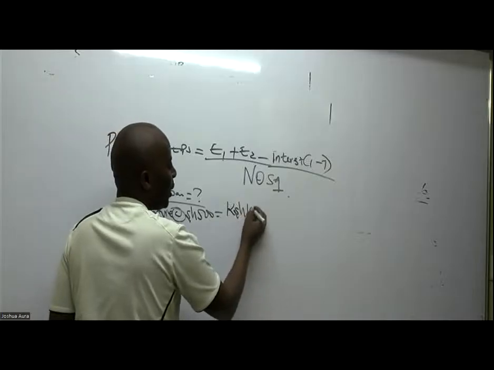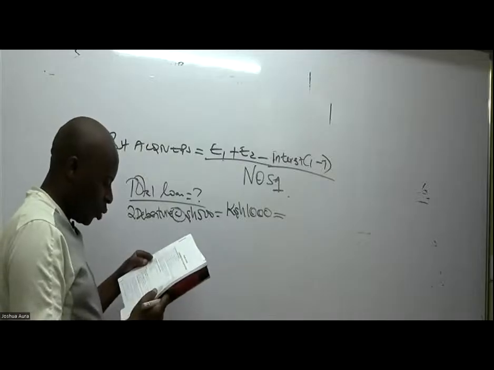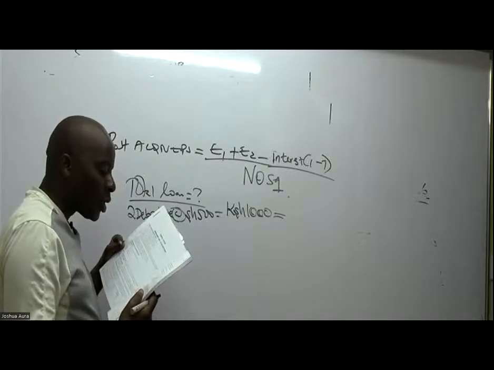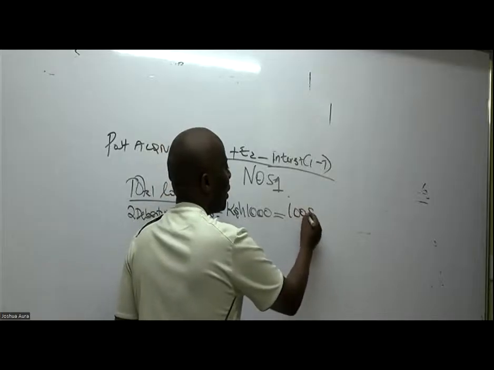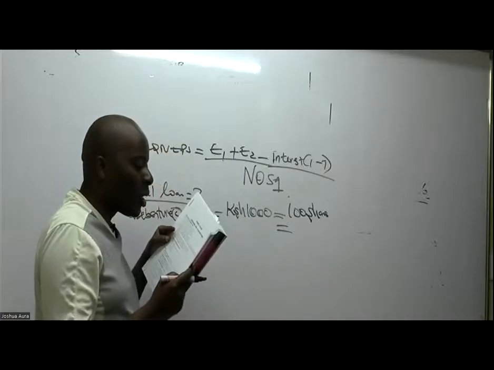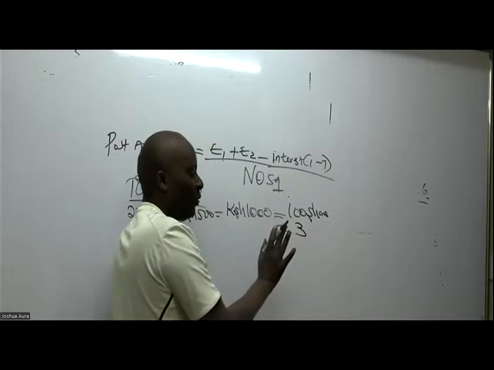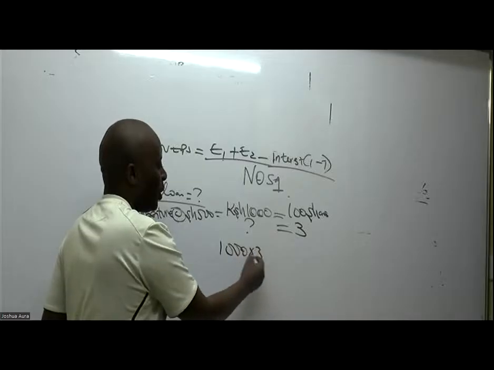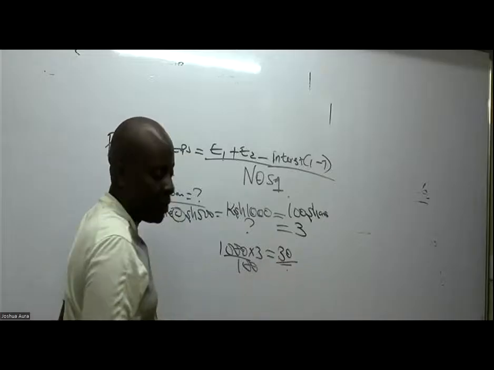For every Kenya shillings 1,000 we give them, company 2 will give us 100 shares. And how many shares does company 2 have in total? There are 3 ordinary shares outstanding. You don't have to introduce the millions, just leave it like that. So this will be 1,000 times 3 over 100, which gives us a total debt of 30.